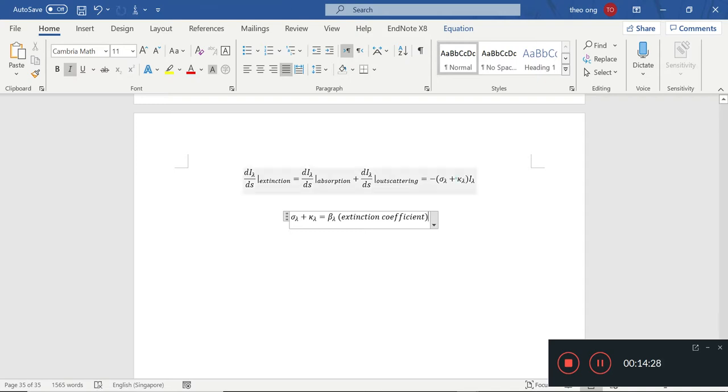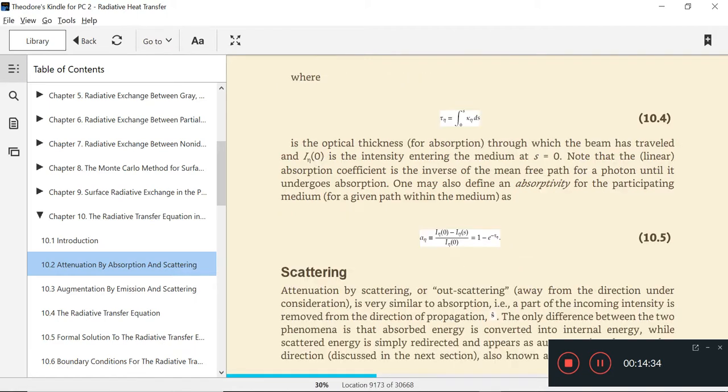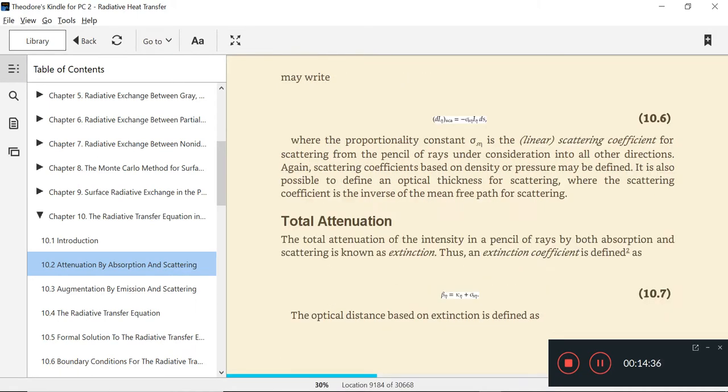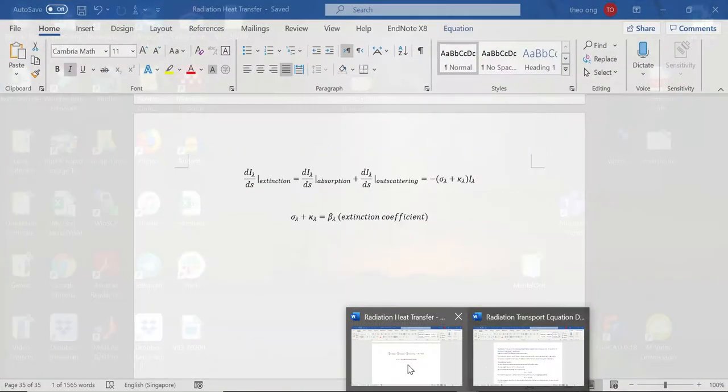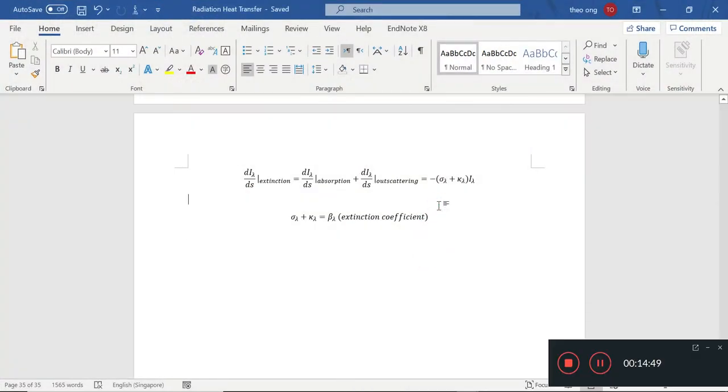So kappa lambda is the absorption coefficient, and sigma lambda is the scattering coefficient. If we take a look at the textbook, it'll be pretty much the same idea. See, sigma is here, and then this is the total attenuation, and then you have this extinction coefficient over here. So that's the extinction coefficient for you.